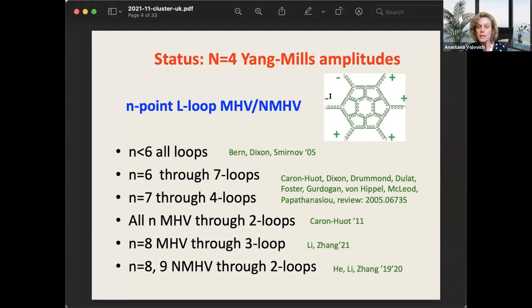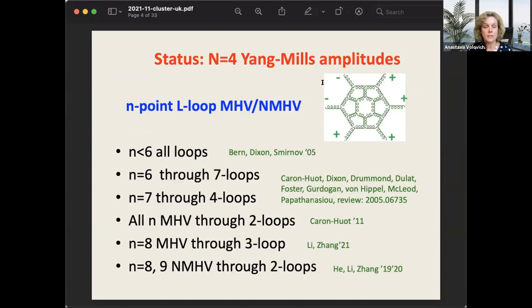I'll just tell you that in recent years, in this particular quantum field theory, physicists computed a set of amplitudes, and here is a slide of what's known. I'll have more details about each of these cases shortly, but this is one list of what's known.